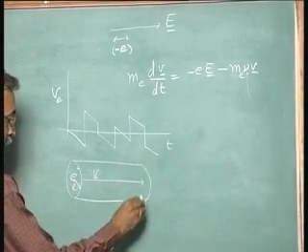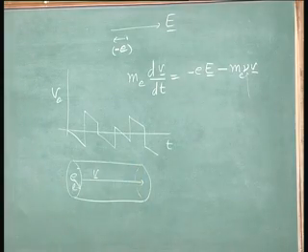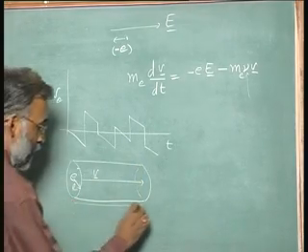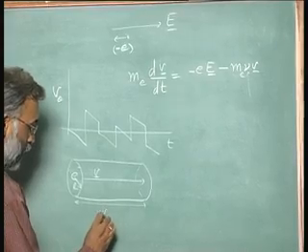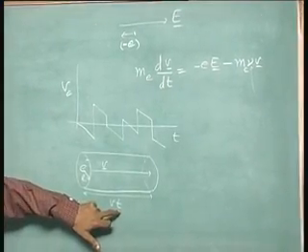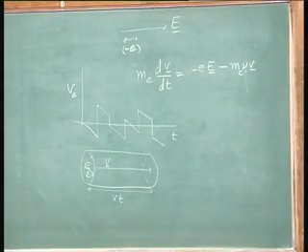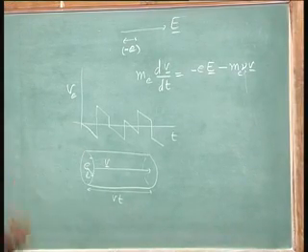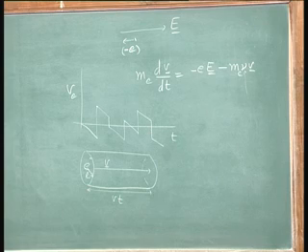The cylinder has a radius L, it has a length equal to V t. V is the velocity, t is the time. So, that is the distance that the electron moves if it moves at constant velocity.